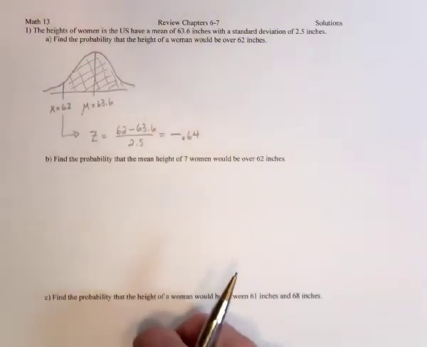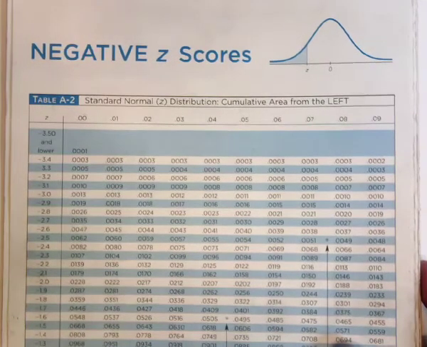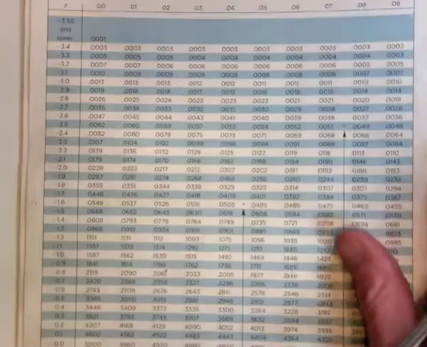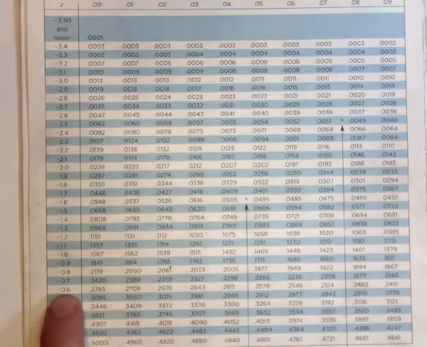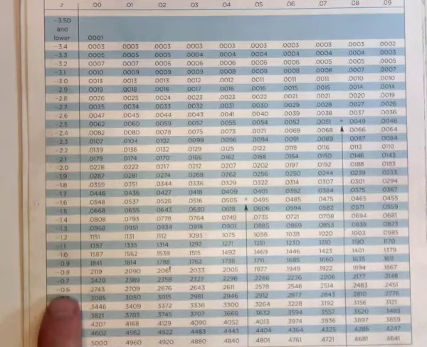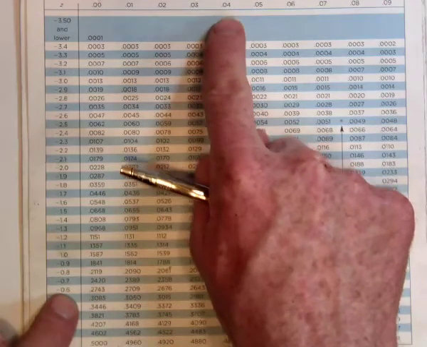And then the next thing to do is use table A2 for the z-scores, and in fact the one that says the negative z-scores, and look up a negative 0.64. So here's the first decimal place, negative 0.6, and here's the second one, the 4.